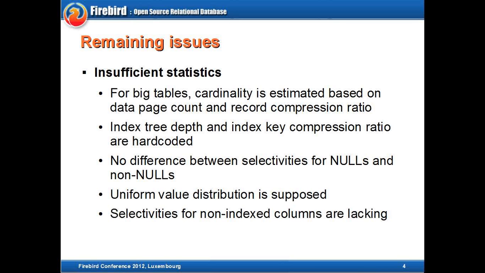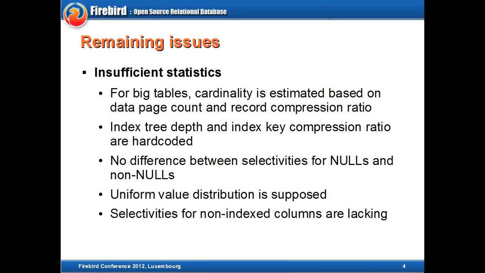Then, let's go to the index scans. To find some key in the index, we need to go from the index root page down through the index tree to find some leaf page, one or maybe more, if it's a range retrieval.